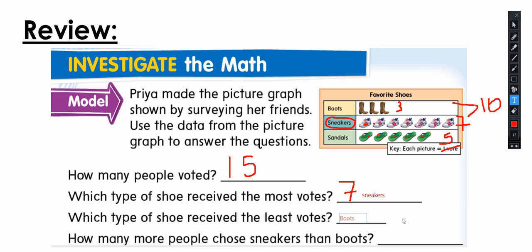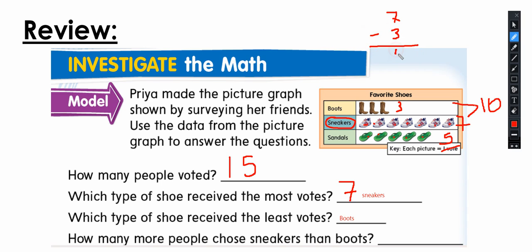And the last question says, how many more people chose sneakers than boots? So again, we have that sneakers have 7 votes, and boots have 3 votes. So we can do this in 2 ways. We can say, well, I can do 7 sneakers minus 3 boots.